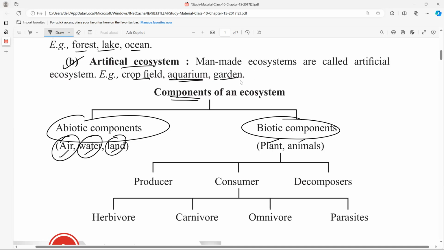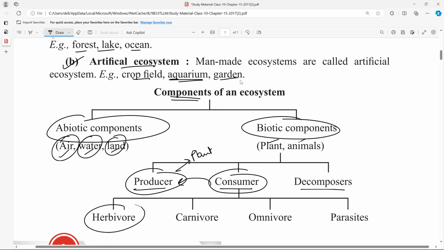So these plants and animals we have further divided into many parts, like producers, consumers, and decomposers. Producers generally come in the plants. Plants come in this category. Animals, here we can say consumers. Consumers can be of many types. For example, they are directly dependent on the producers, like on plants. They will be herbivores that eat only plants.